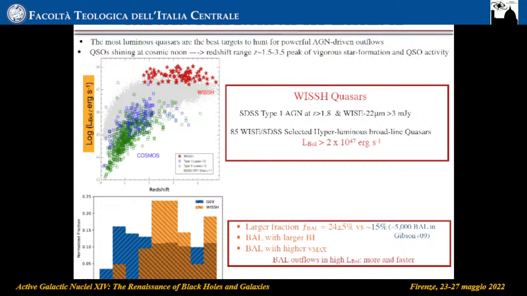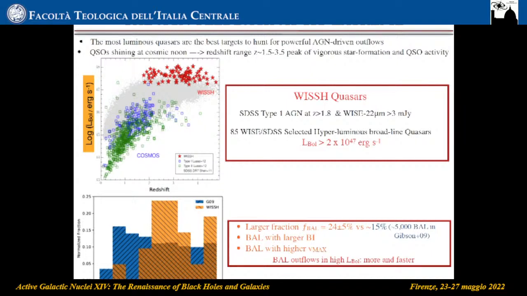The WISSH are a sample of 85 type 1 AGN, and they are hyperluminous, as you can see here in this plot of bolometric luminosity as a function of redshift. Here are the WISSH with bolometric luminosity larger than 10 to the 47 erg per second. In gray, you can see the SDSS population from Shen 2011, and in blue and in green, the type 1 and type 2 AGN in COSMOS from Lusso 2011.